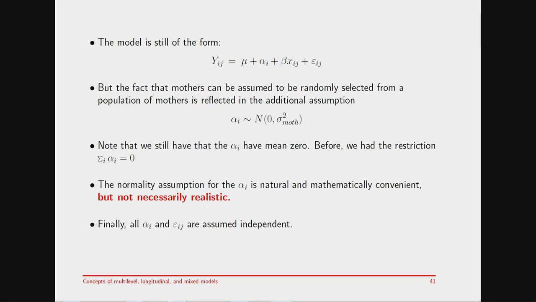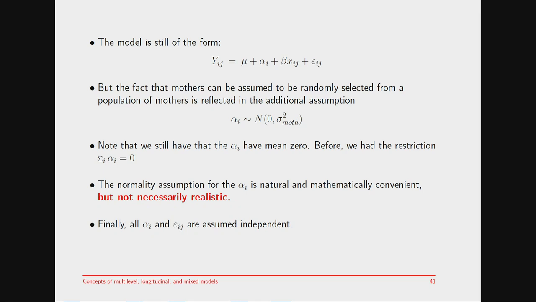By assuming that every mother is sampled from a normal distribution, this gives that mother her own level, lower or higher, on average 0, but if the sigma squared mother is high, there will be much variability between the mothers, between the clusters. If the sigma squared mother would be small, there would be little variability.